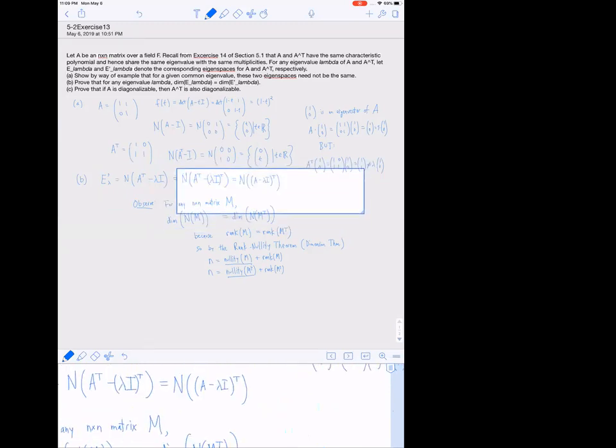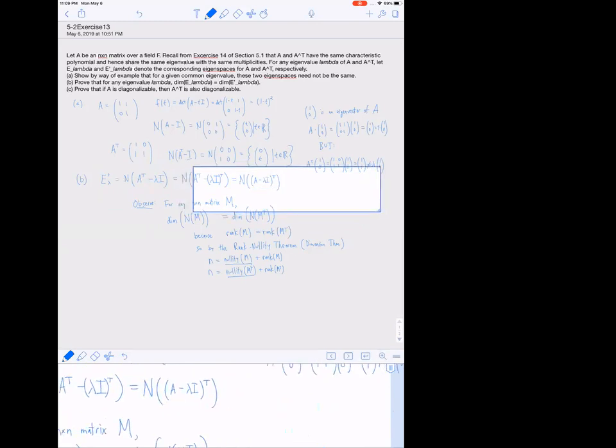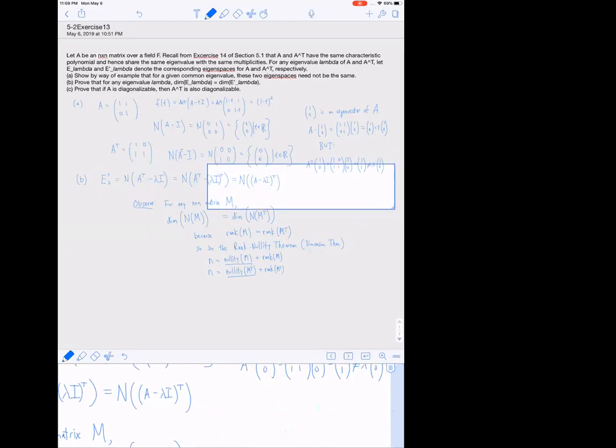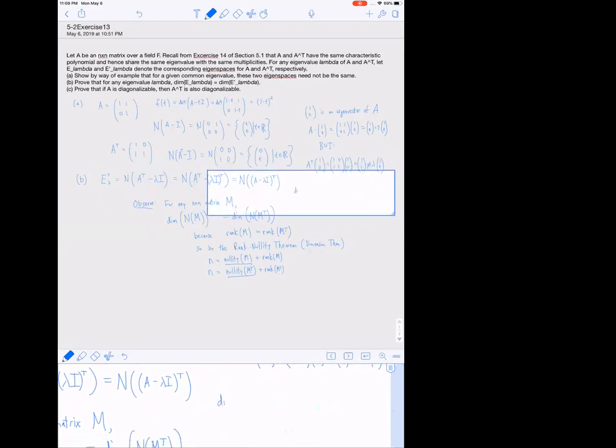So if we take this A minus lambda I as our general matrix M, then what we can really say is not necessarily that the null spaces are the same, but that the dimension of E prime lambda is equal to the dimension of the null space of A minus lambda times the identity all transposed.